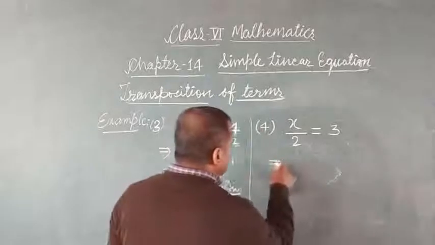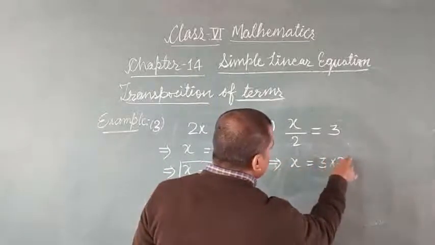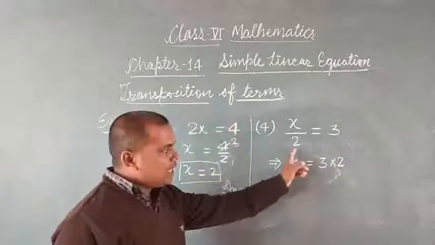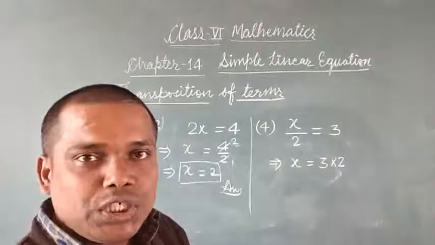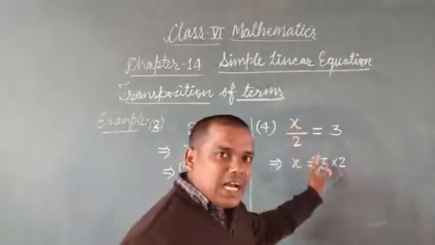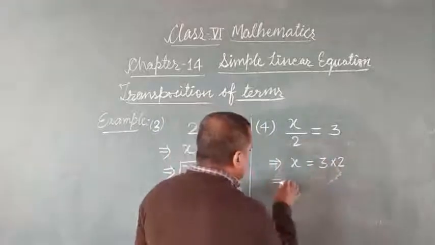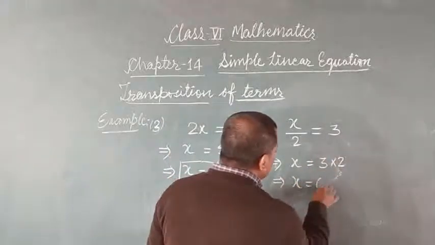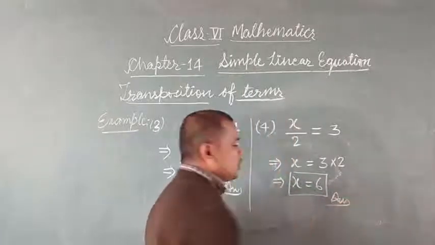Means we will write here x is equal to 3 multiplied by 2. Again sign of 2 is not going to be changed because 2 is not in addition or subtraction with x. So we simply write it x is equal to 6, and this is the solution of the equation.